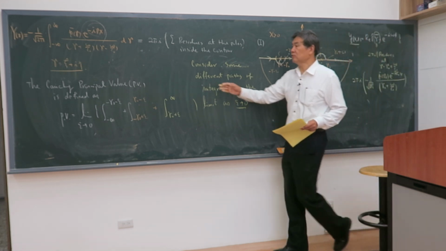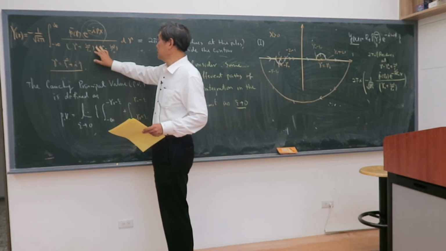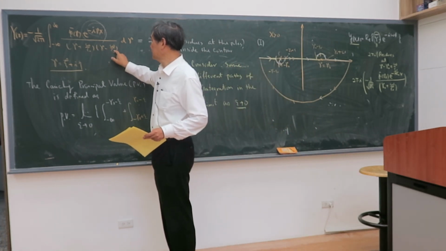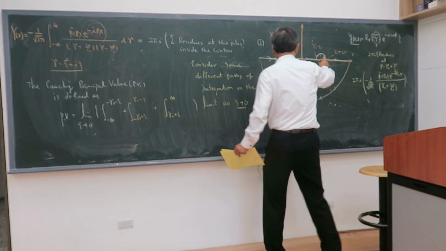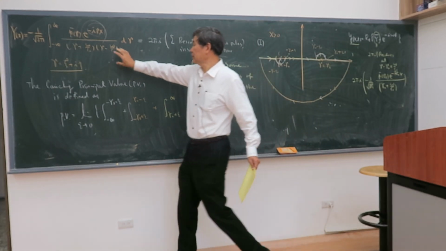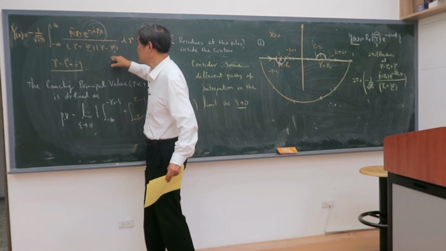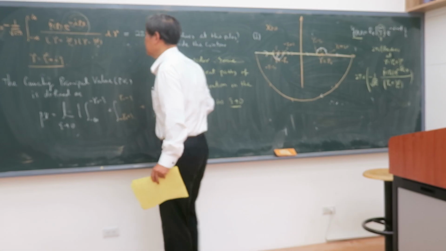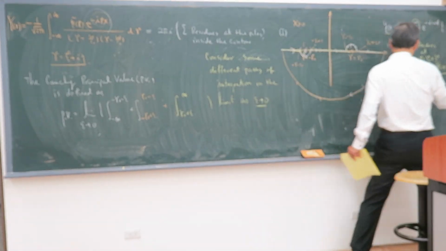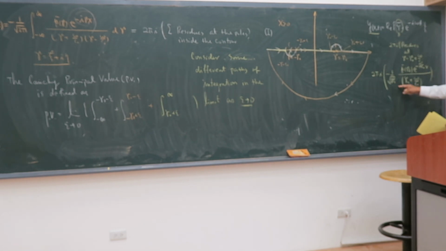The residual of this one: we select only this one, so we cancel and put gamma to gamma. That's why we have gamma 0 plus omega, and this is the residual.